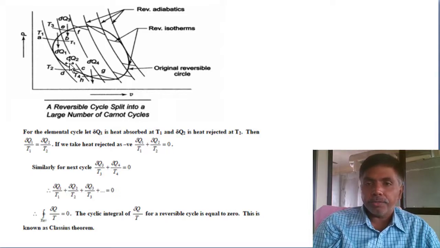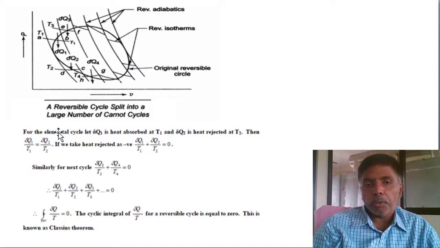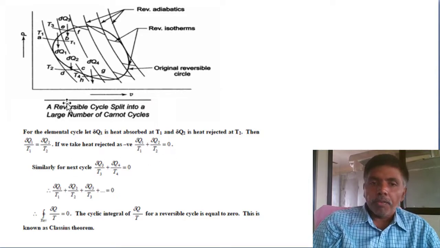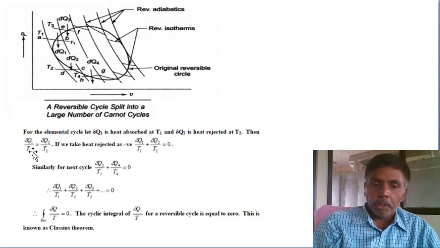Then in the Carnot cycle we know heat transfer is directly proportional to temperature. So dou Q1 is directly proportional to T1, and dou Q2 is directly proportional to T2. Then dou Q1 by T1 equals dou Q2 by T2. Like that you can add for n number of processes in cyclic operation: dou q by T equals 0, because one is positive and the other negative, dou q1 by T1 equals dou q2 by T2, so the summation must be 0.